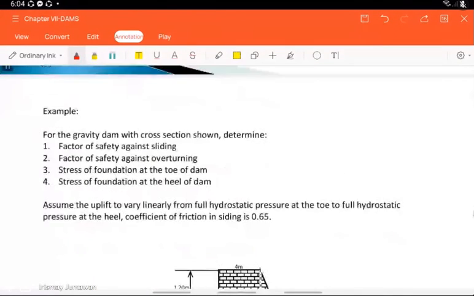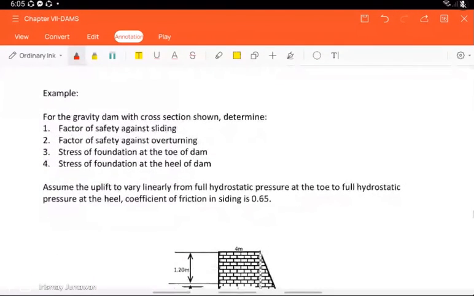Okay, I have here an example. So we have to check if the dam is safe against sliding and overturning. Then we have to also determine the soil pressure, the stress at the toe and at the heel.